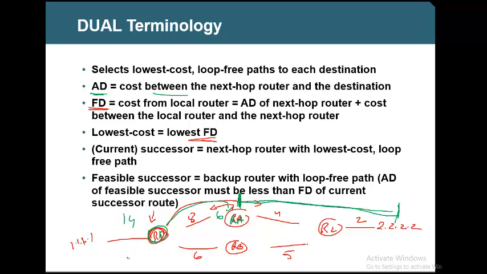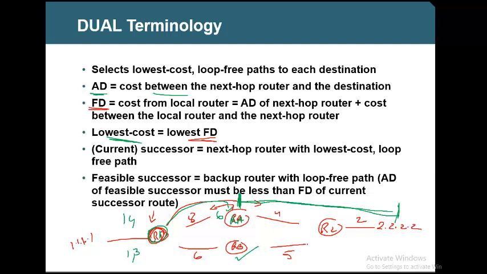And then? 6 and 5, 11 and 2, 13. Right. So which path is going to be the elected path? The low cost path. So which path is the successor path now? Successor is the bottom part. Very nice. So B is the successor path.